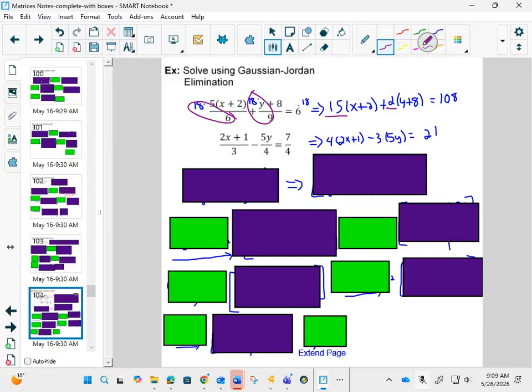You can either multiply everything by 12, or another strategy, and some people really like this, I actually really like this, is saying, okay, what would be the common denominator between 6 and 9? It would be 18.